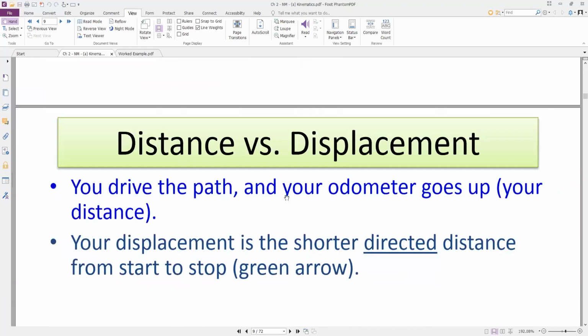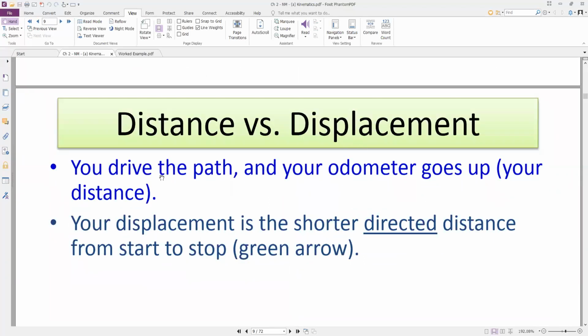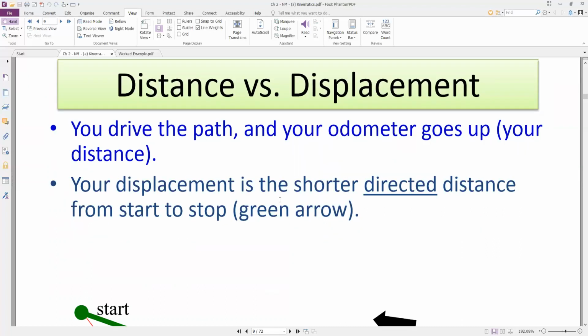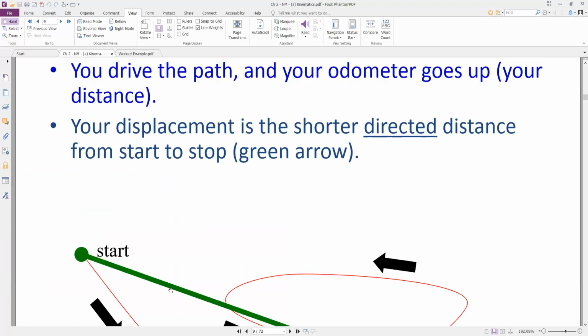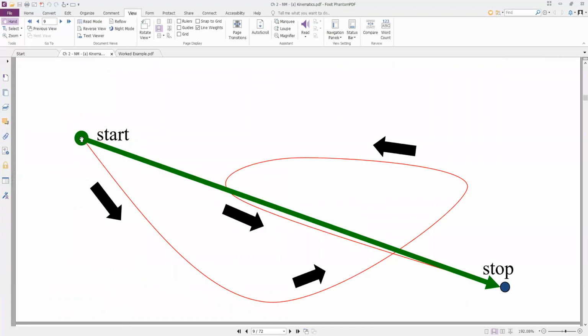Okay, distance and displacement. You drive the path, and your meter goes up. That is your distance. Your displacement is the shorter directed distance from start to stop. See the green arrow in this graph between start A and B, the start and end point.